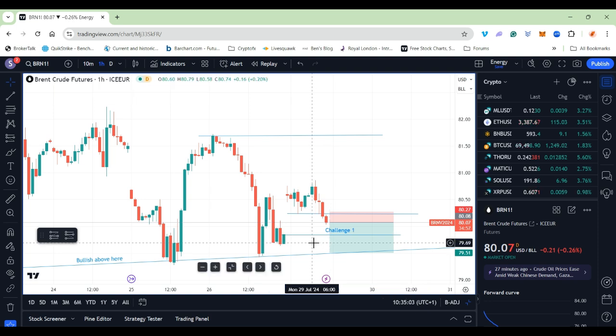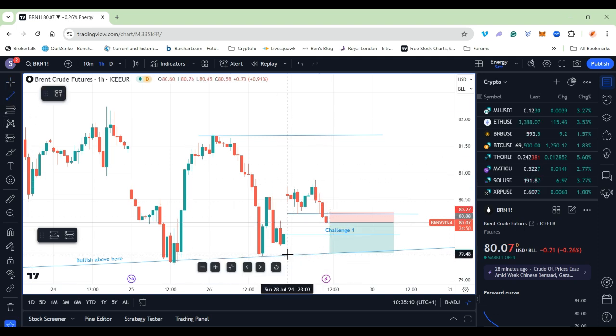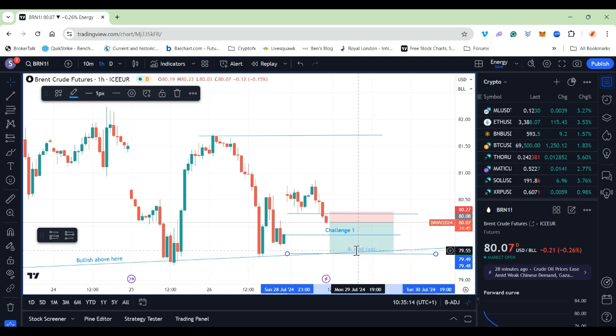That's what we're aiming for. And then down here would be breaking this level here. This would be our second challenge.